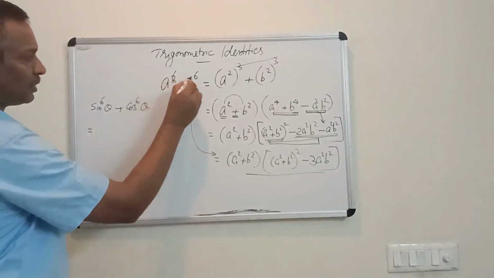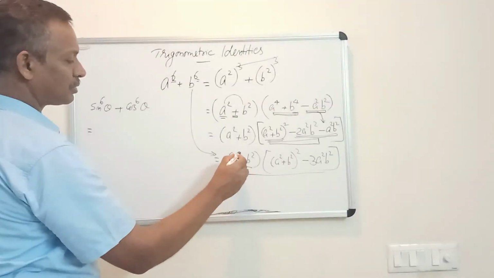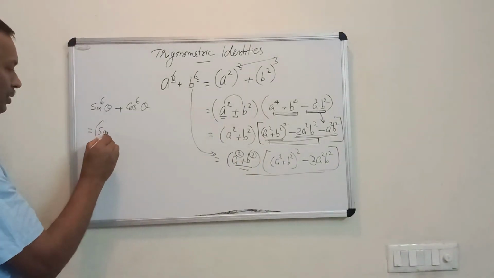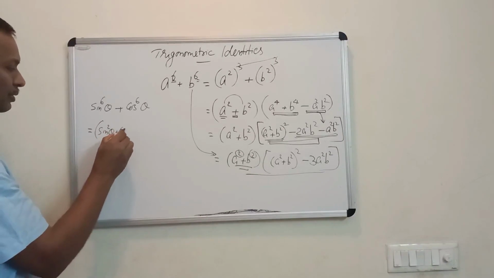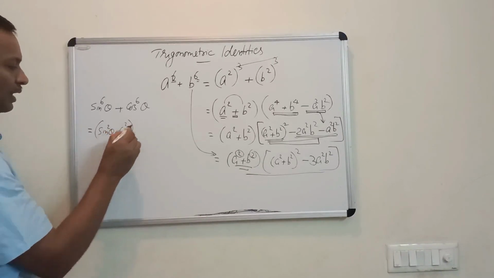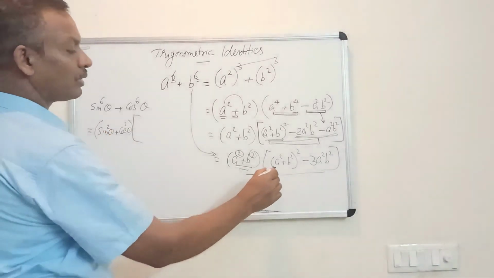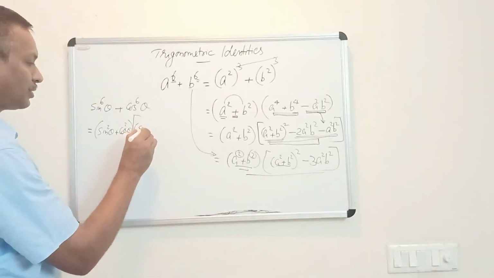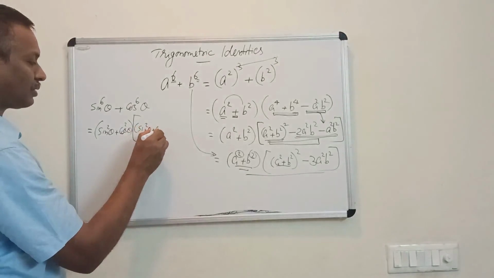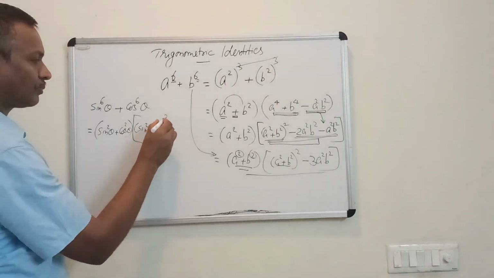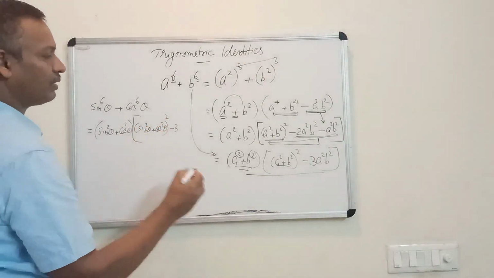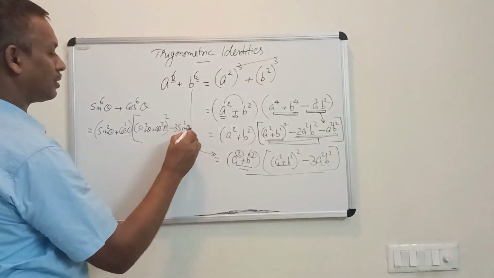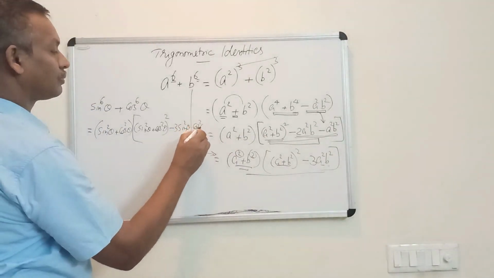So 6 is here also 6, then the first bracket is square, you have to write. So the first bracket is sin square theta plus cos square theta. And the second bracket, a square plus b square the whole square, so you can write sin square theta plus cos square theta the whole square minus 3 a square b square, you can write sin square theta cos square theta.